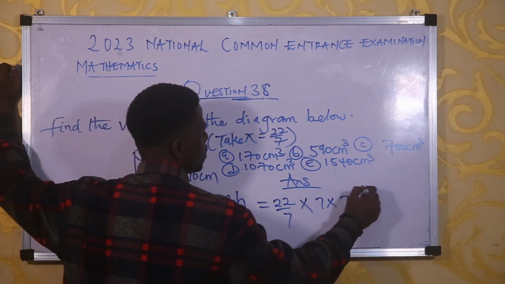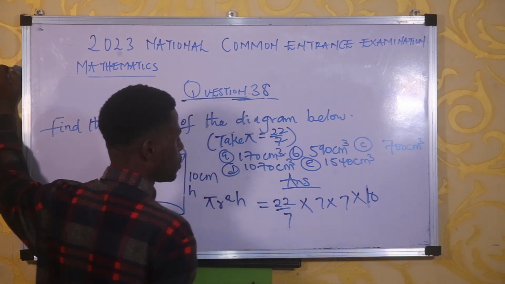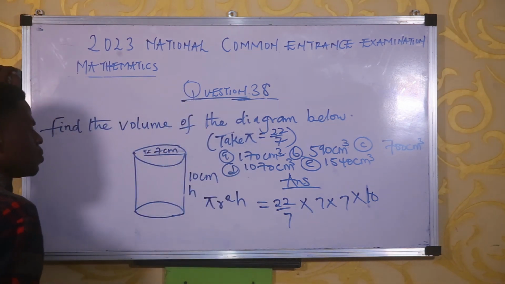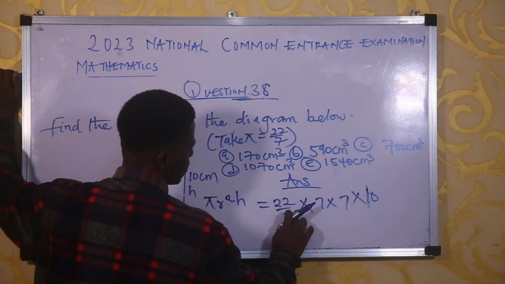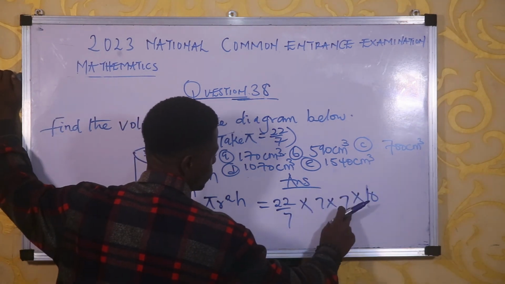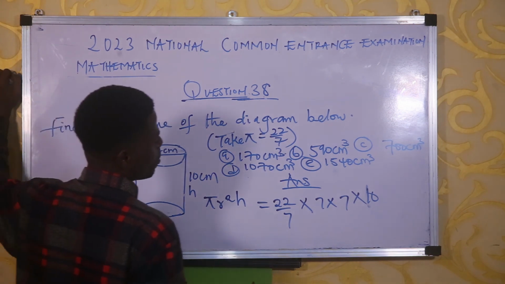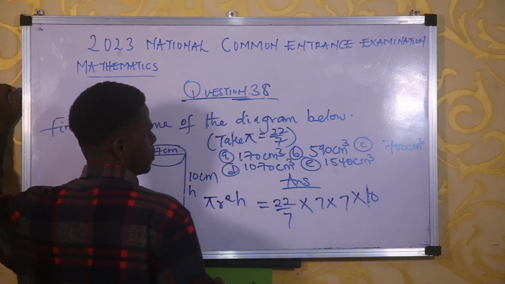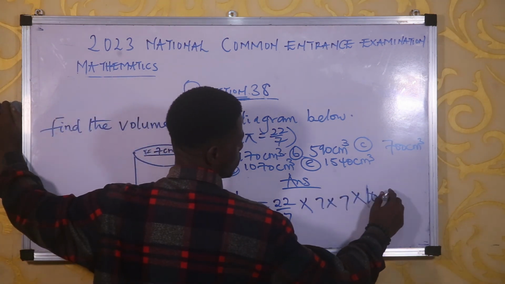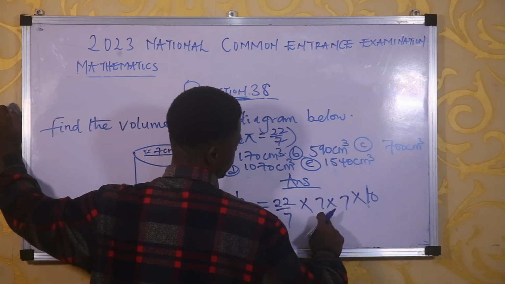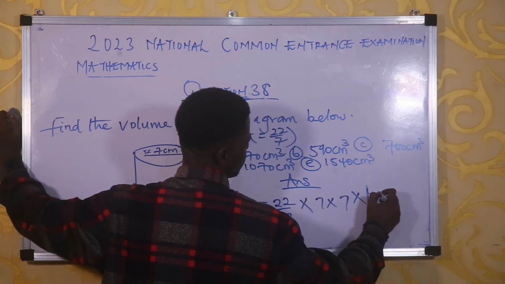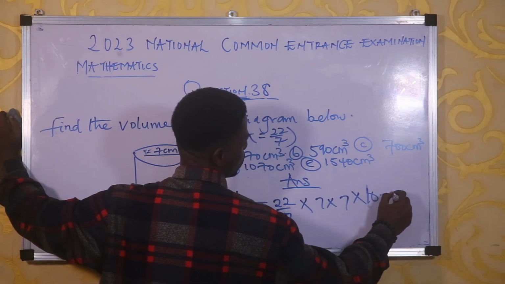So we are going to multiply 22 times 7 times 7 times 10. Now let us multiply it here.